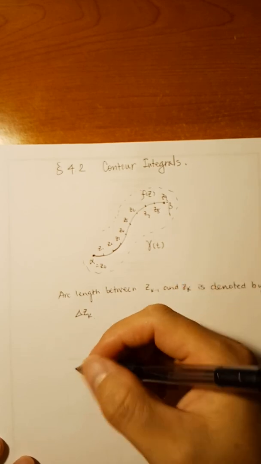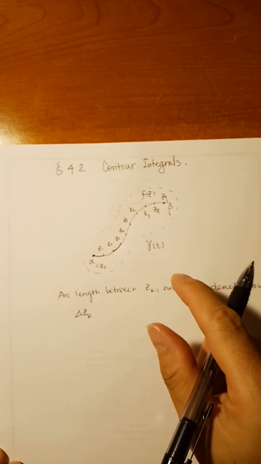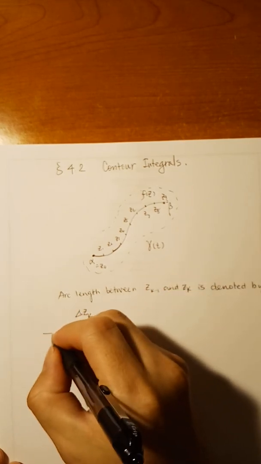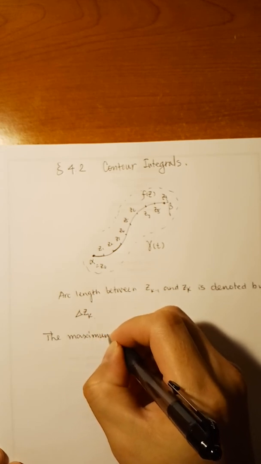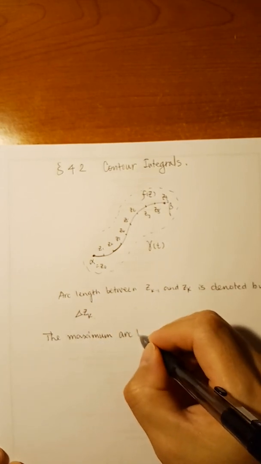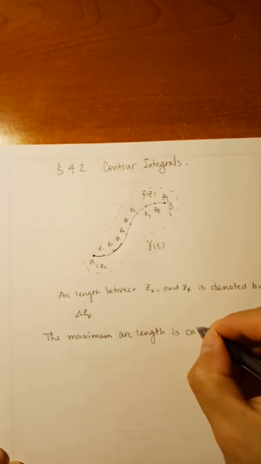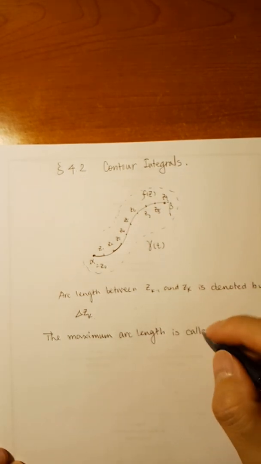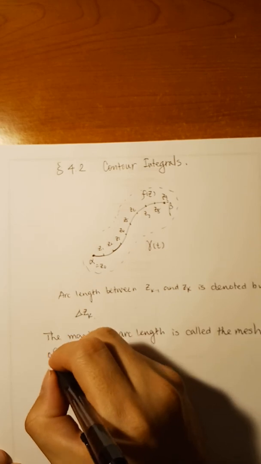And the maximum arc length for each subcurve is called the mesh of the partition.